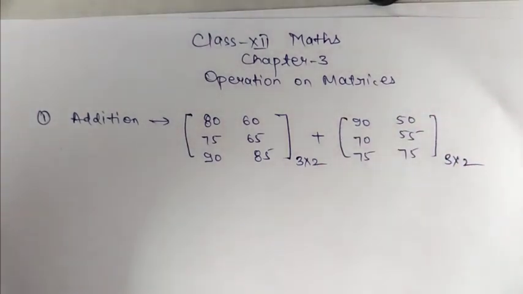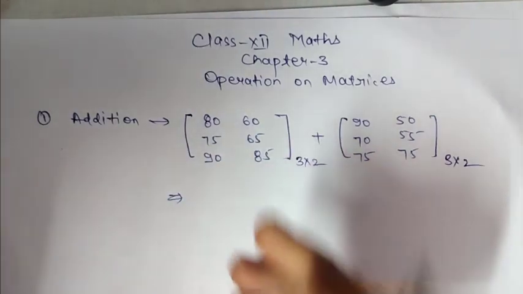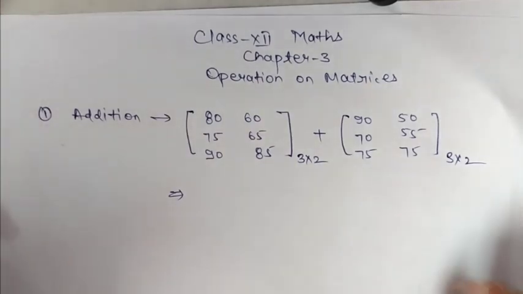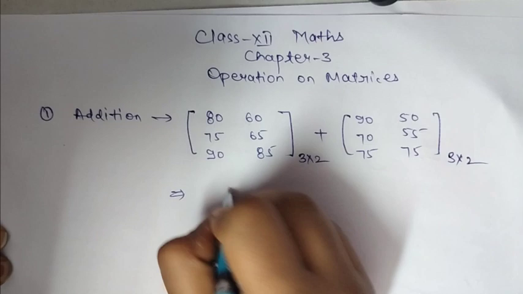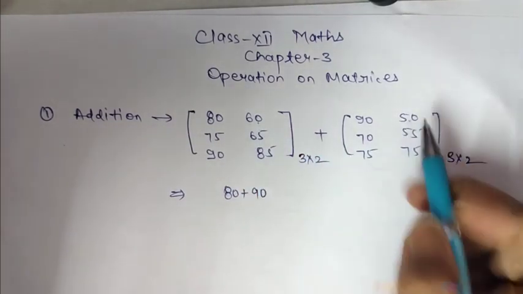To perform addition, first we have to know that the order of the matrices should be the same. Without the same order, we cannot perform addition, subtraction and multiplication. So we can easily add these matrices: we add the first element of the first matrix to the first element of the second matrix, such as 80 plus 90. For the second element we write 60 plus 50.